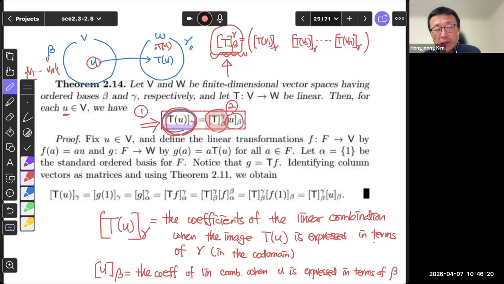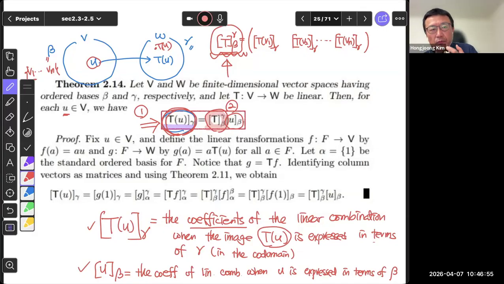And once you get this vector, if you multiply the vector with the matrix representing the linear transformation, you can identify these coefficients of the image vector. Okay. So the vector on the left represents the coefficients when the image T of u is expressed in terms of the basis gamma.